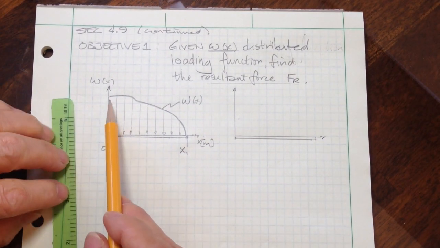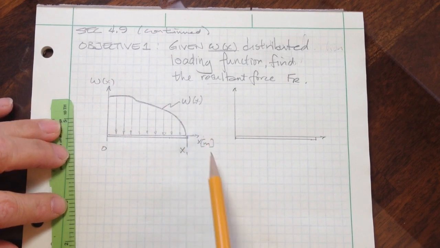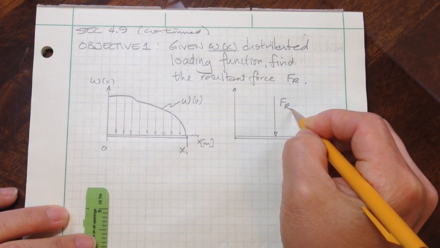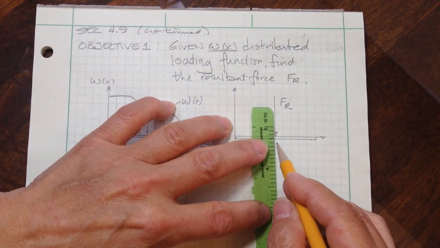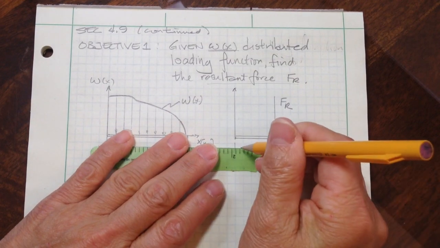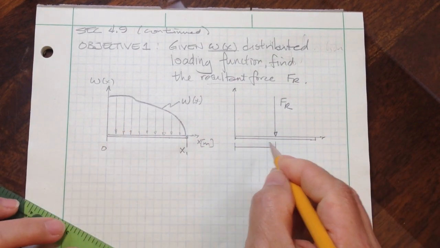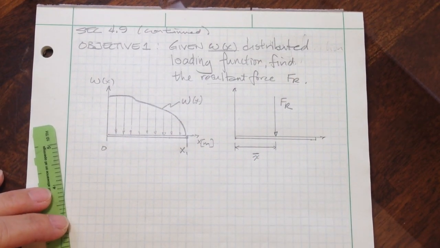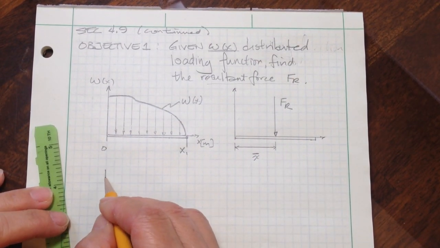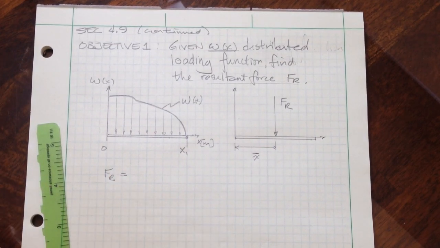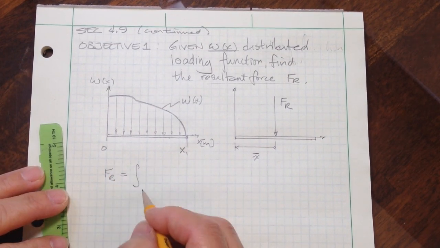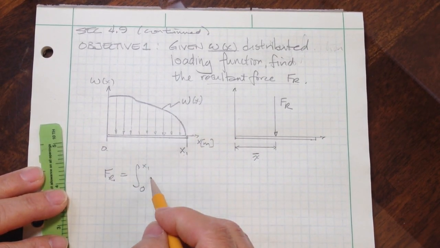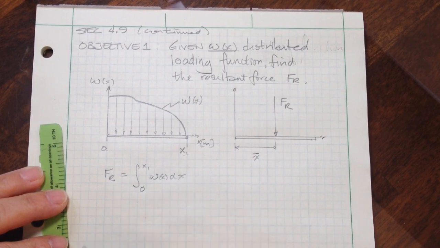What we want to do is replace this complicated loading function into a single force Fr that acts somewhere at a distance, and we'll just call it x bar for now. To do this, you use this equation. The resultant force is equal to the integral from 0 to x1 of this equation, and you just integrate it.